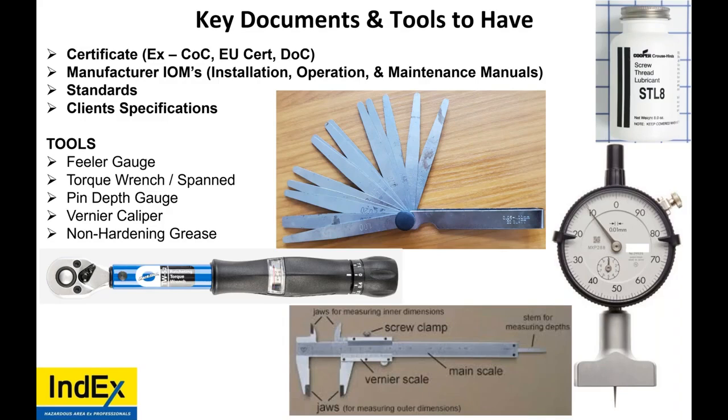That document matters most. Number two, the manufacturer's IOMs, their installation, operation, and maintenance manuals, and their data sheets. Then the standards and client specifications. Now, if the certificate, the IOMs, and the standards contradict each other, you choose the certificate. You must always meet the requirements of the certificate.